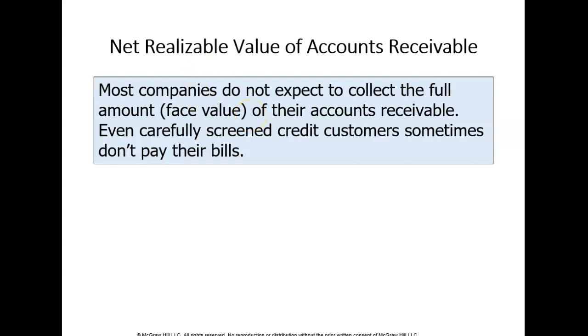You will always have a client who's either unable or unwilling to pay their debts as the debt becomes due. So, we have something called the net realizable value of accounts receivable. This is the full amount we expect to collect from our customers that owe us money.